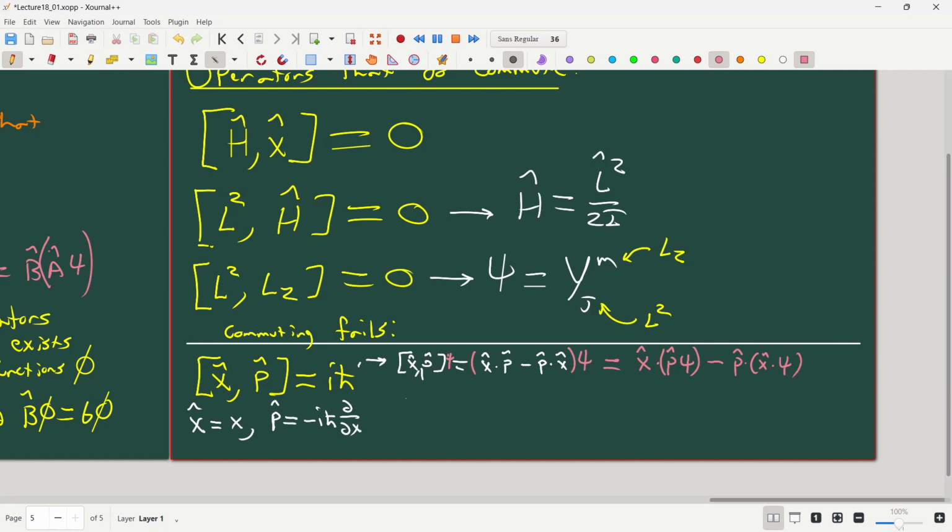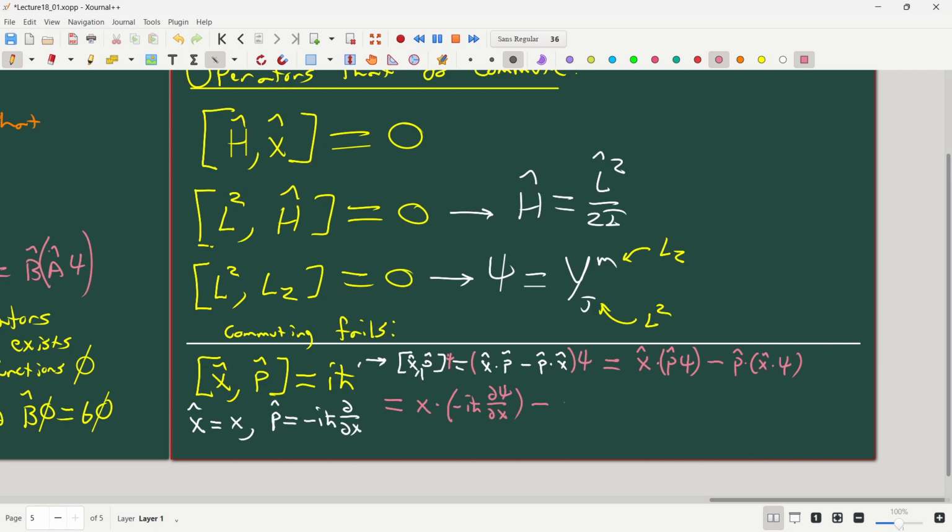Okay. So let's do the left-hand side first. This is going to be x times minus iħ times the derivative with respect to psi. That's the left term.